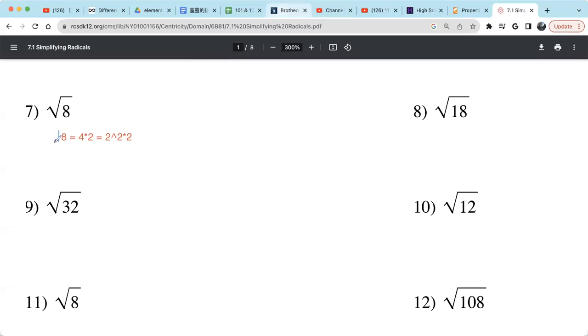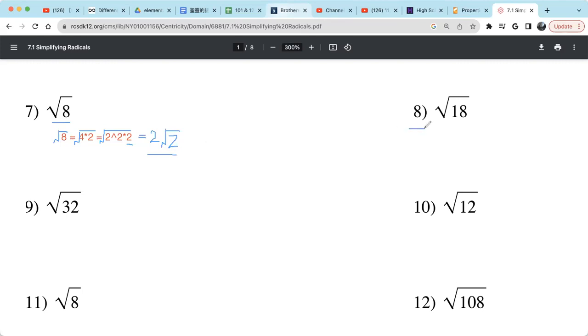So when we take the square root of 8, that's the same as the square root of 4 times 2, or square root of 2 squared times 2. Square root of 2 squared is just 2. And then we still have this 2 inside the square root. So square root of 8 is related with the square root of 2. And the square root of 8 is 2 times square root of 2.